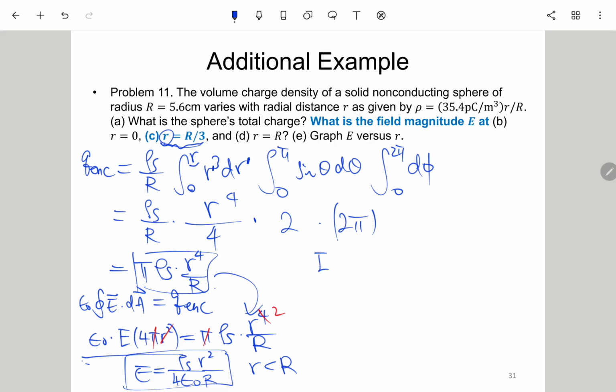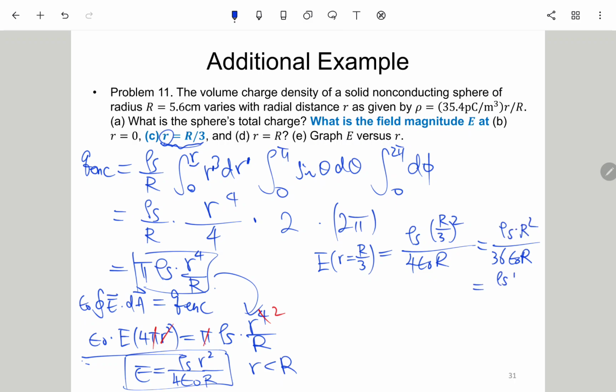If we want E at R equals capital R over 3, we just plug in: rho s times capital R over 3 squared, over 4 epsilon naught R, which is 36 epsilon naught capital R on the bottom. On top is rho s times R squared, so it is rho s R over 36 epsilon naught. Then we can plug in the numbers.